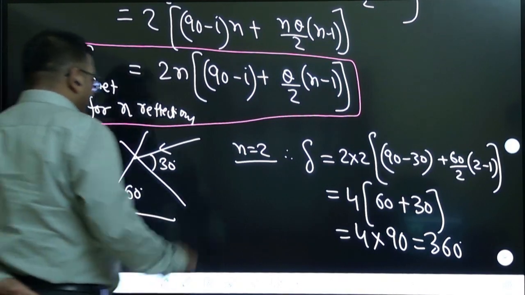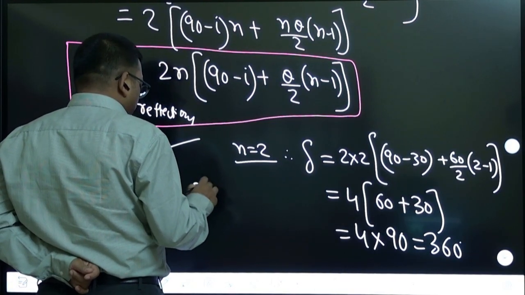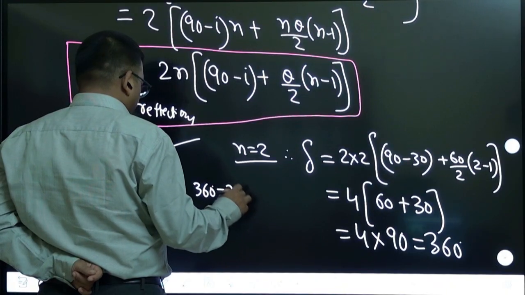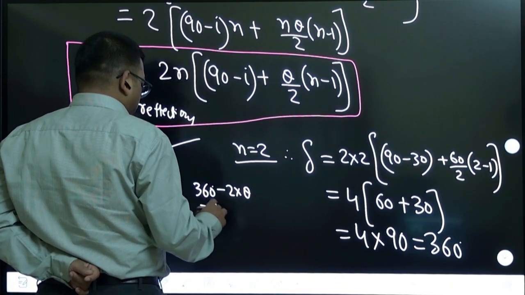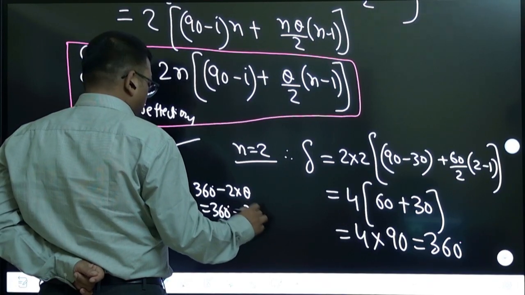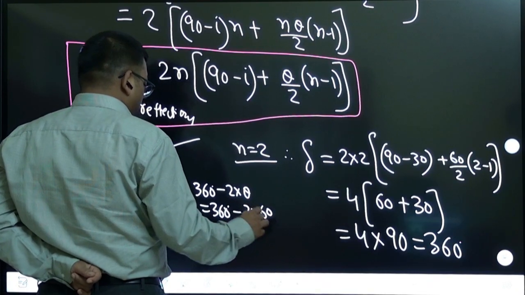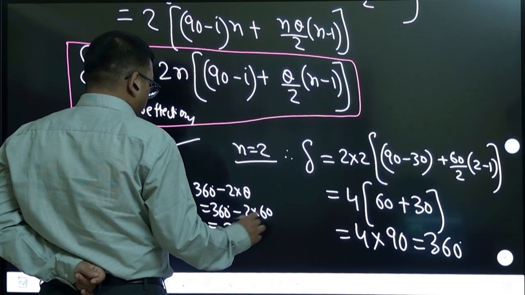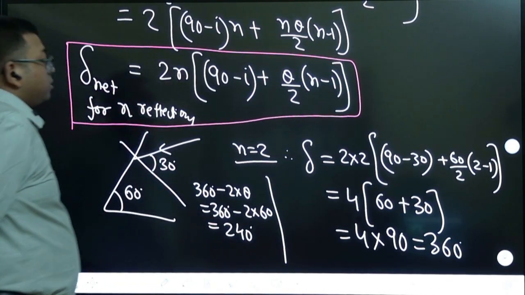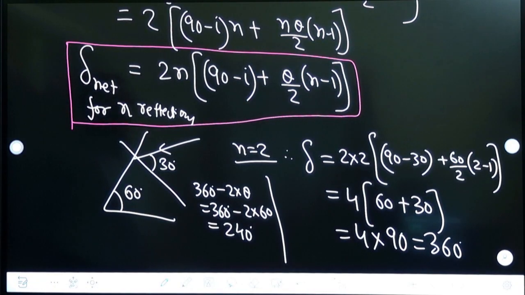Because we know for two reflections the formula is 360 degree minus 2 theta. So 360 degree minus 2 into 60, that becomes 120, so 240 degree answer should come. Why is this answer not given?